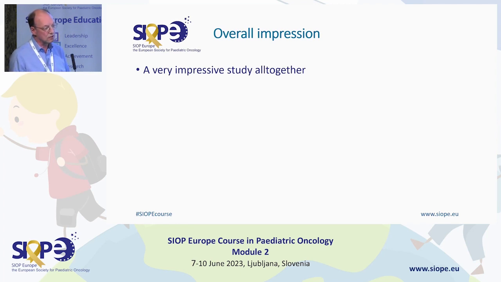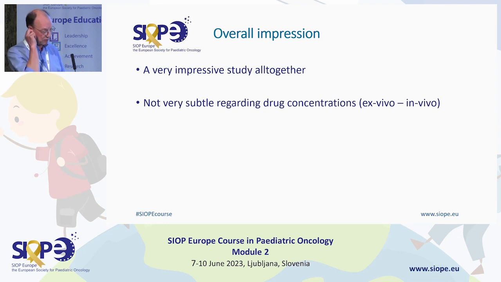This comes partly also from the pharmacologists that I spoke with. They're not very subtle regarding drug concentrations. A drug that kills half of the cells ex vivo may have very little to do with the drug that you actually give to children.